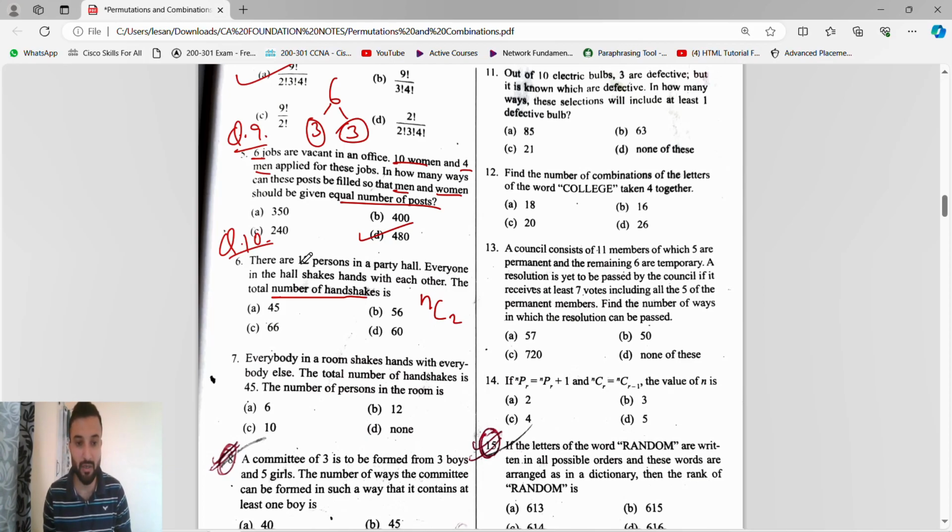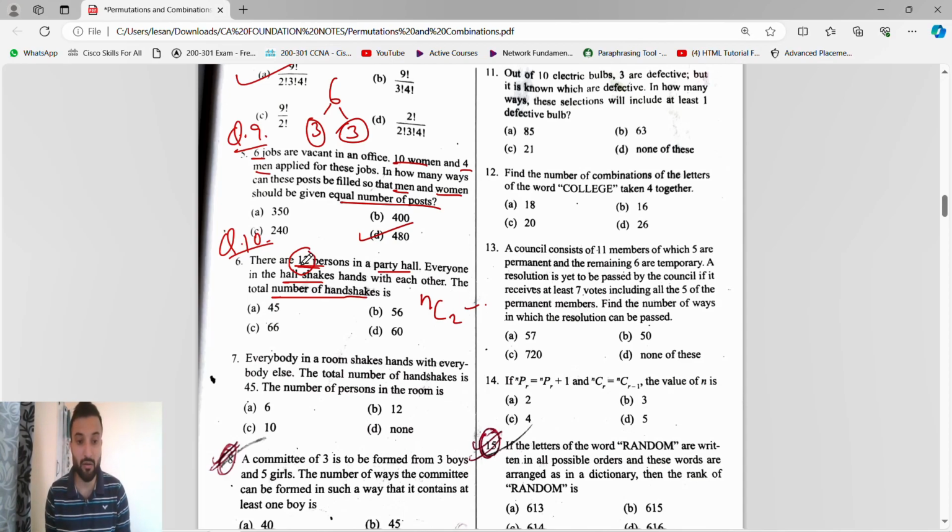N means the total number of persons. They said there are 12 persons in a party hall, everyone in the hall shakes hands with each other, find the total number of handshakes. The formula for the total number of handshakes is NC2.